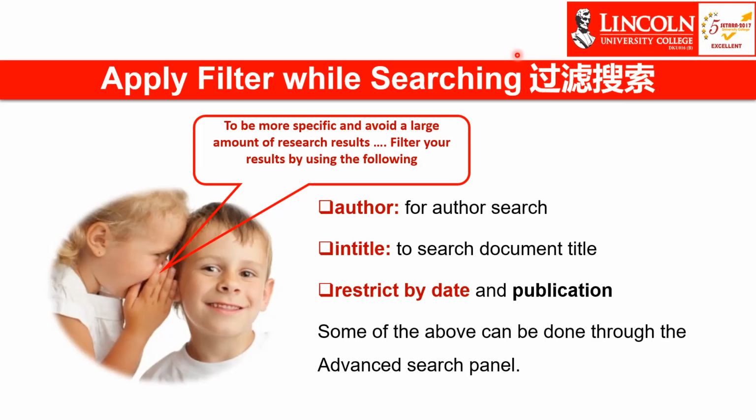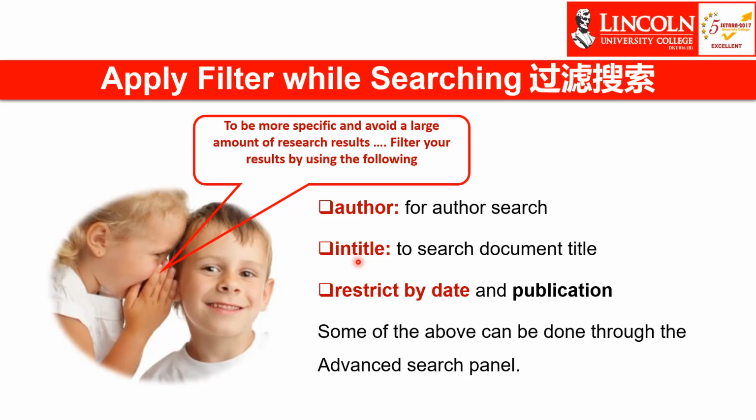Then I'm going to put that word football in the in title space under the advanced search, which I will be showing you later. Once I put football in that in title text box, all the results that will be displayed on my screen will have the word football in their title. So any title that doesn't have football will be excluded.